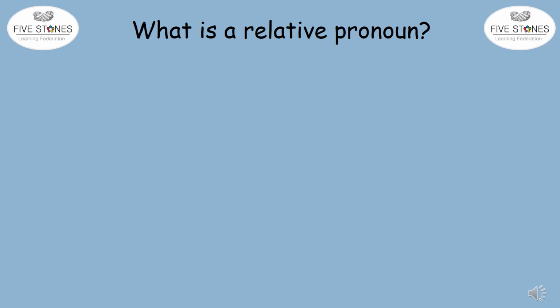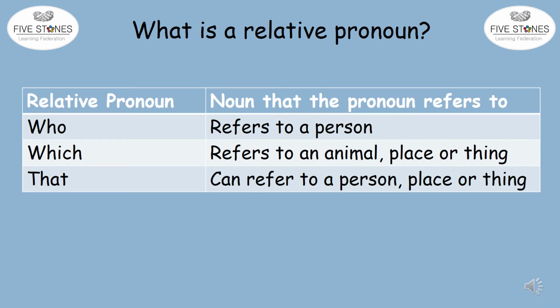Now we know what a relative clause is. Can you remember what a relative pronoun is? Have a little think about it now. A relative pronoun refers to the noun you are talking about. It can refer to a person, animal, place, or thing.